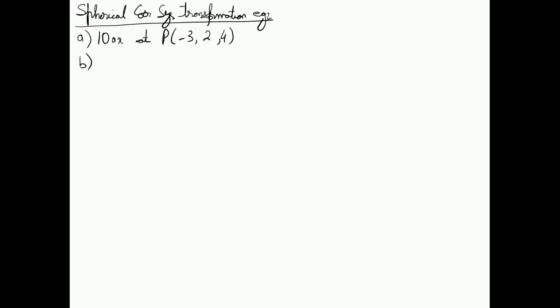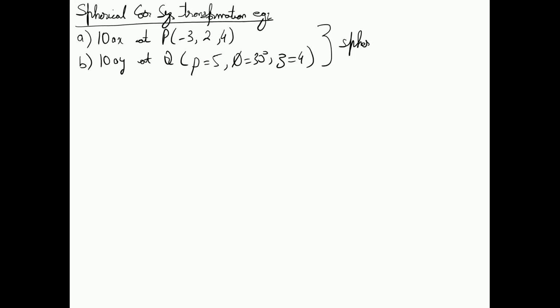We have been given 10 of a y at Q equals to rho equals to 5, phi is equal to 30 degree and z equals to 4, and we want to convert these into spherical coordinate systems. Okay, so how to go about this? So let us start with the solution with the first one.